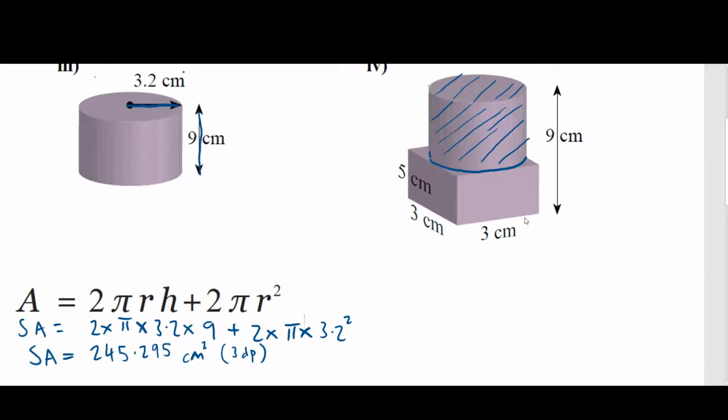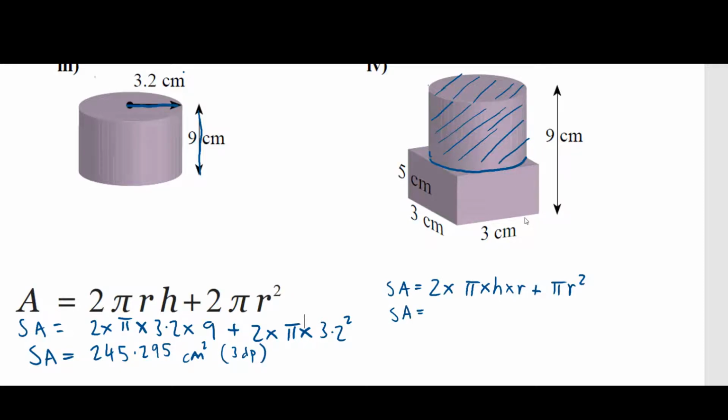All right, so it doesn't have a base anymore. It's going to be surface area equals 2 times pi times h times r plus pi r squared. Okay, not 2 pi r squared anymore because there's no base here. All right, let's figure out that.